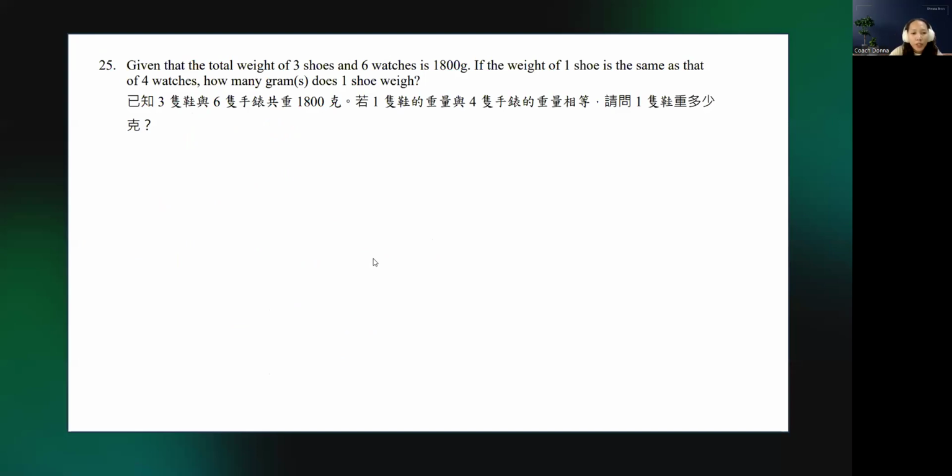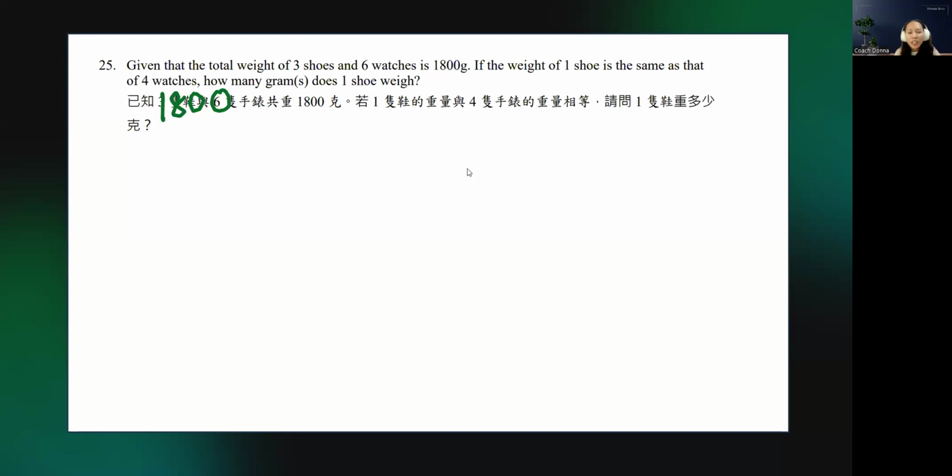So for number 25, given that the total weight of 3 shoes and 6 watches is 1,800 grams. If the weight of one shoe is the same as that of 4 watches, how many grams does one shoe weigh? All right. So again, we have 1,800 grams.